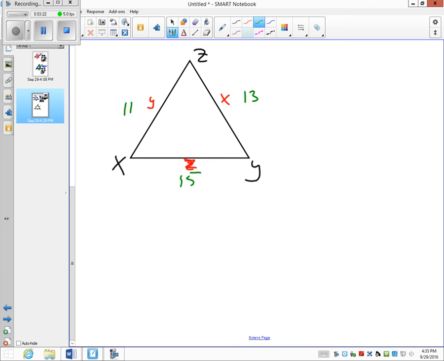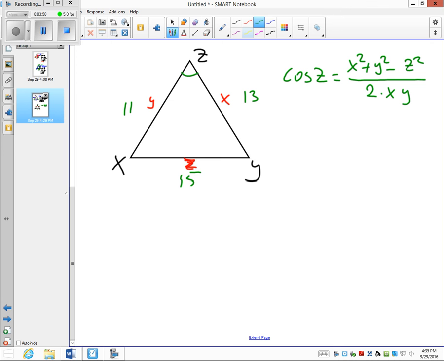All right? And we need to solve for angle Z. Let's write the general formula when we solve for angle Z, or an angle using cosine law. So cosine of angle Z equals side X squared plus Y squared minus the side opposite, which is Z squared, divided by 2 multiplying X and Y, right?